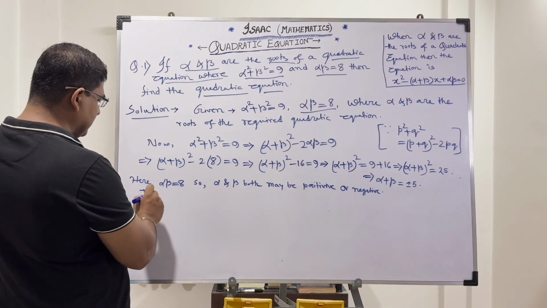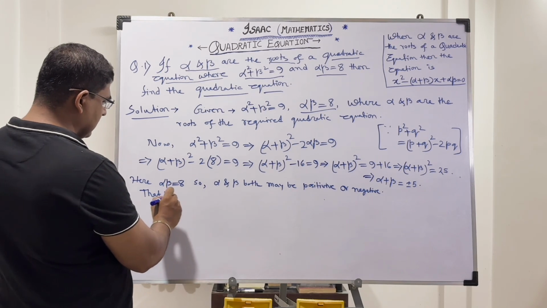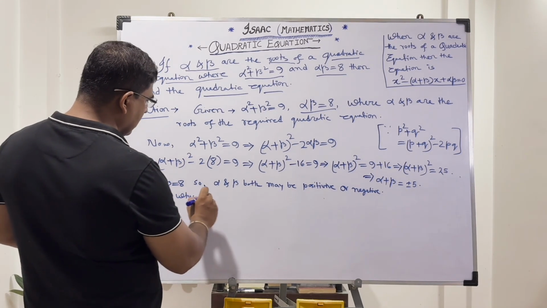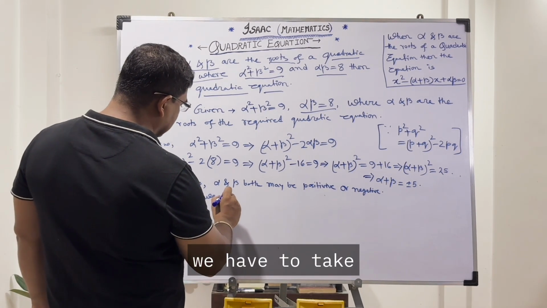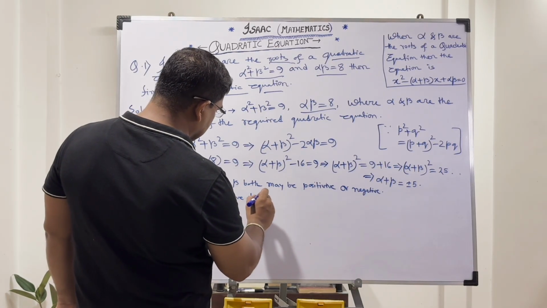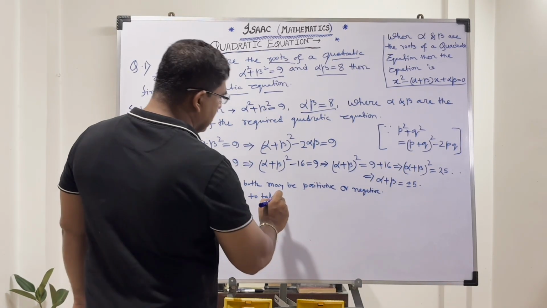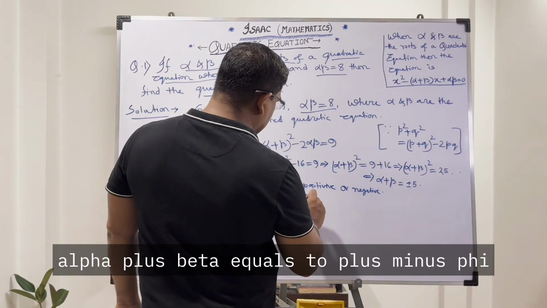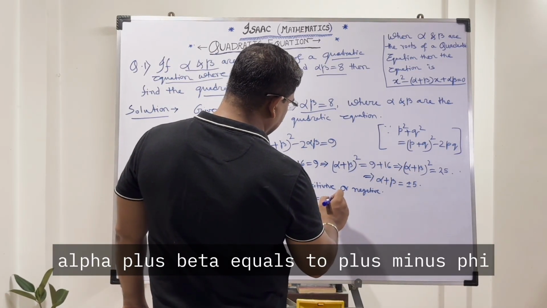That is why we have to take alpha plus beta equals plus minus 5.